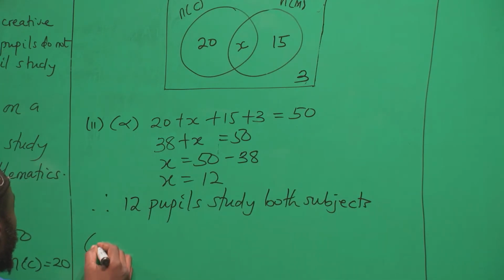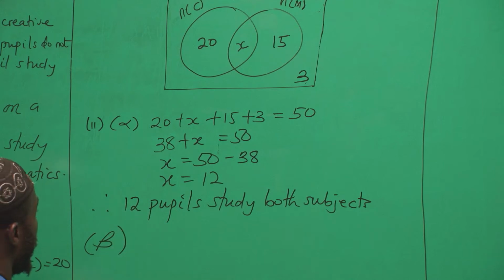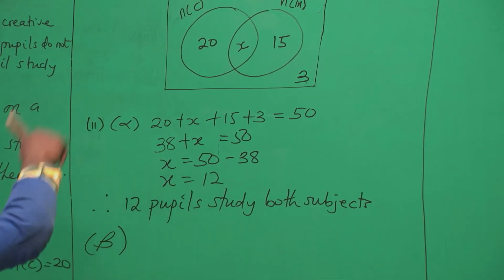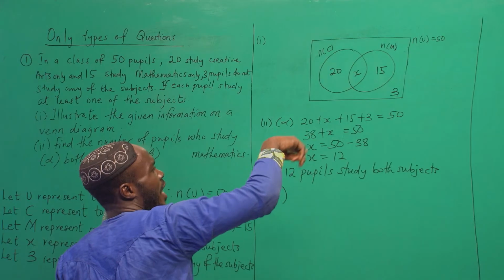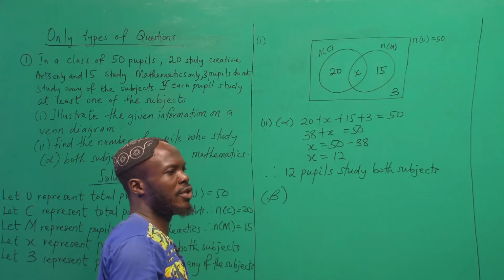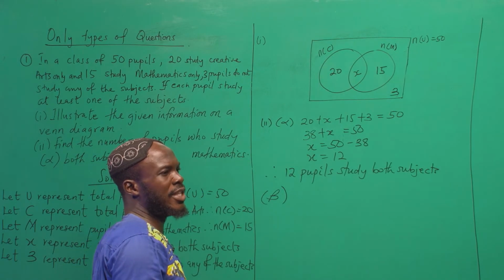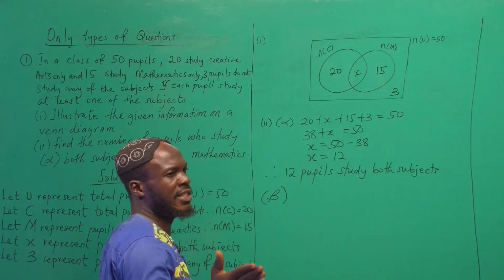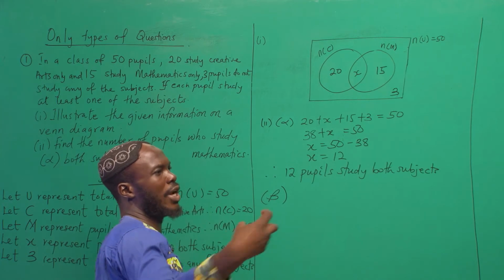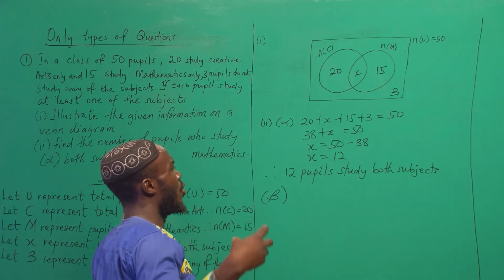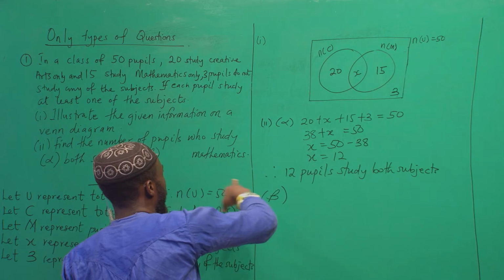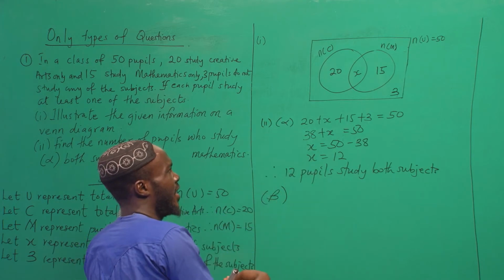So if you go to beta, it says mathematics. So mathematics becomes the full circle. You realize that in the previous lesson, which was the raw type of question, we said we should find the only English. And with the only, we subtract the x. But with the raw type of question, that is with this question, find mathematics, we add the x.